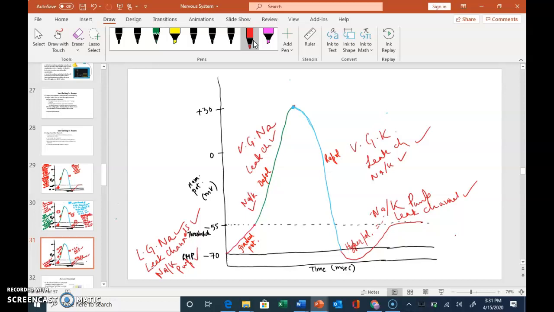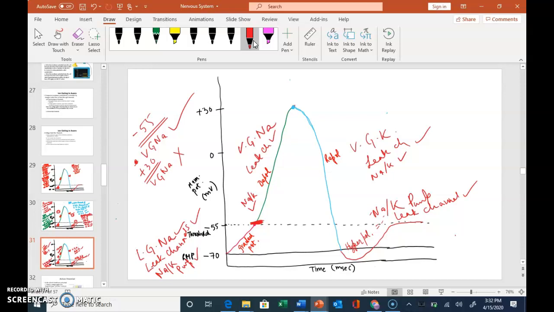All right, another thing, know that the voltage gated sodium channels open at -55. At +30, these channels close.